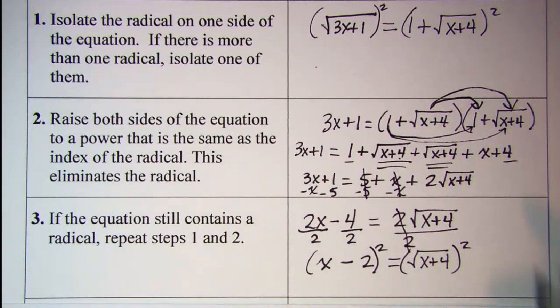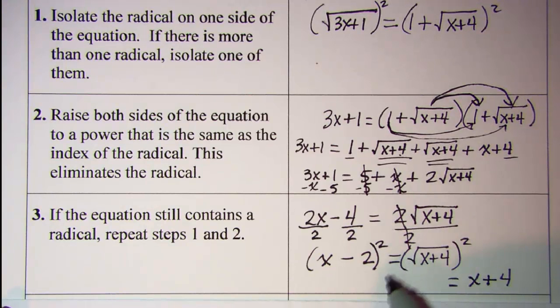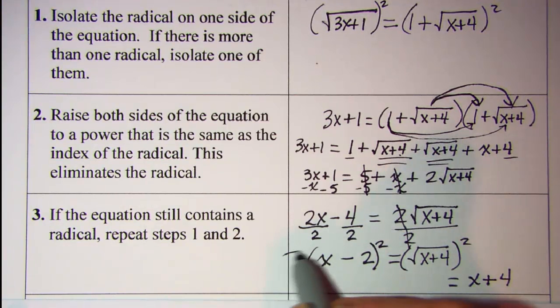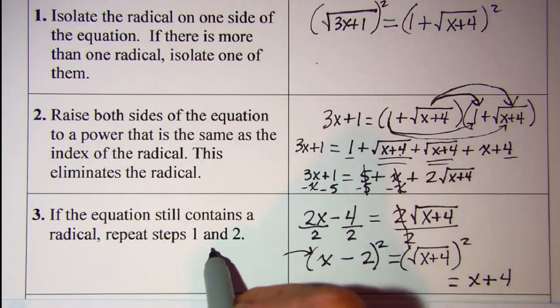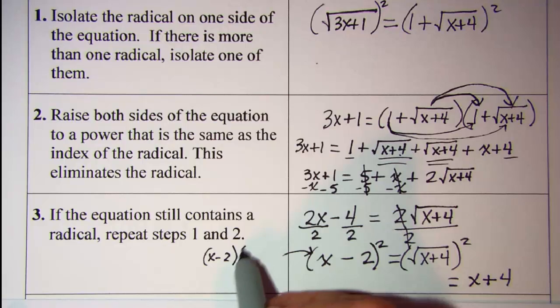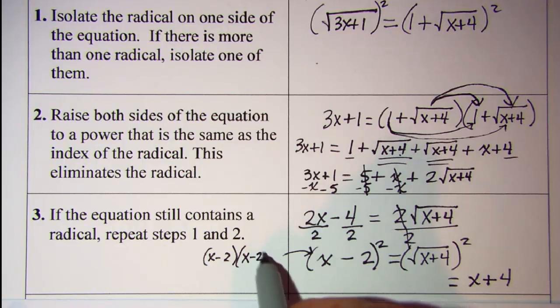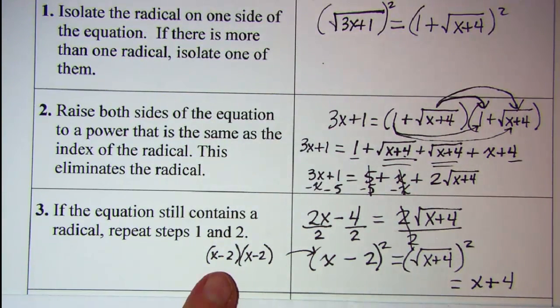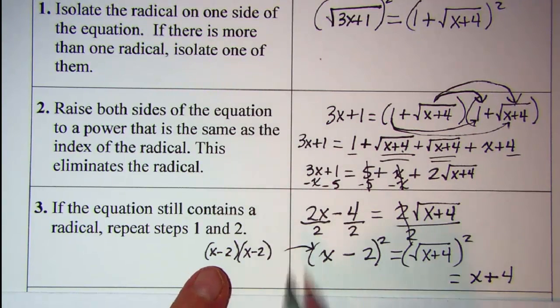When I do that, on the right side I have squaring a square root, so I just have x plus 4. On the left side, when we square a binomial, it's the same as multiplying it by itself. So we can use FOIL on that.